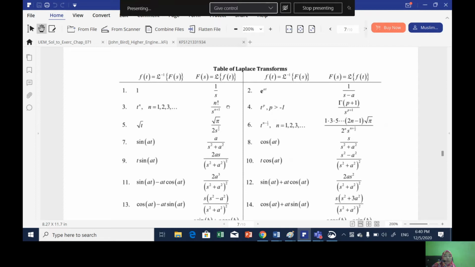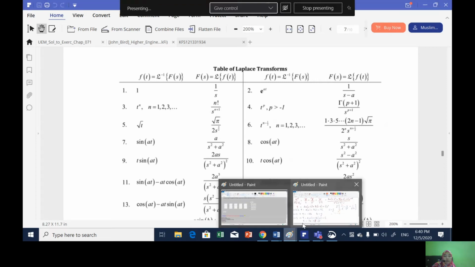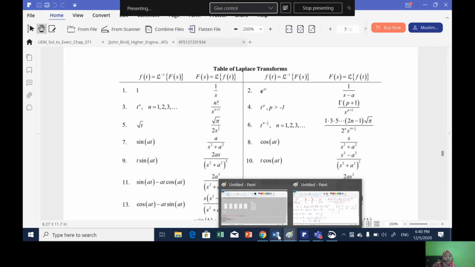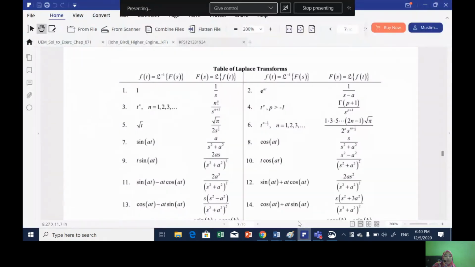It is similar to this number 3, but it has a power. Our denominator is actually s to the power 2, therefore n plus 1 is equal to 2, so n is 1. So 1 factorial is 1.